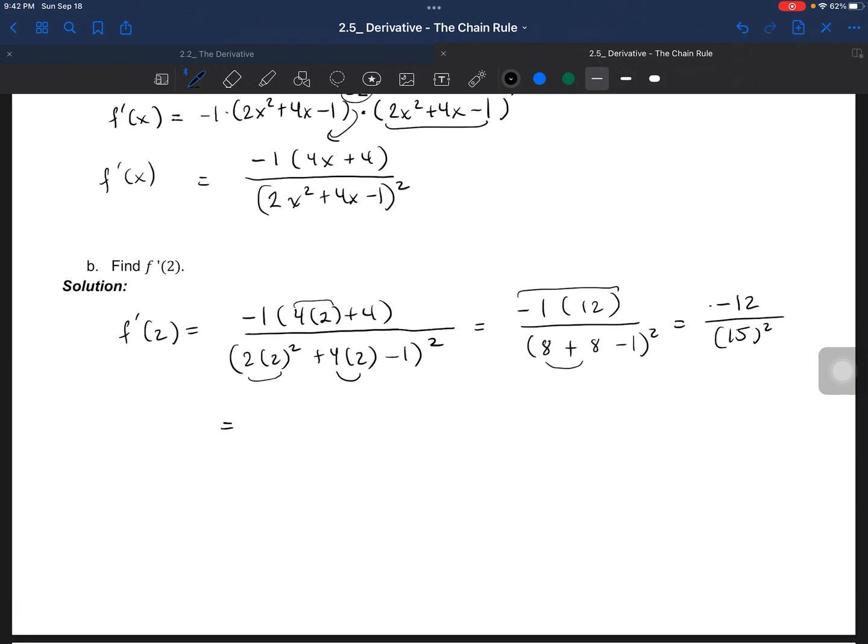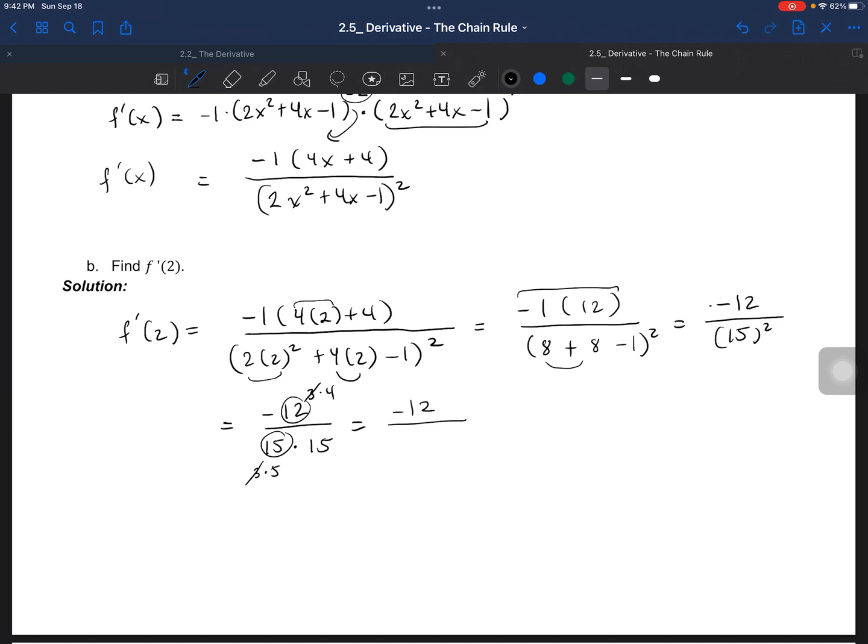We know that 15 squared is the same thing as 15 times 15, and we can simplify a little bit here. You can just use a calculator for this one, but we know that 12 and 15 have a common factor of 3, like 3 times 4 and 3 times 5.